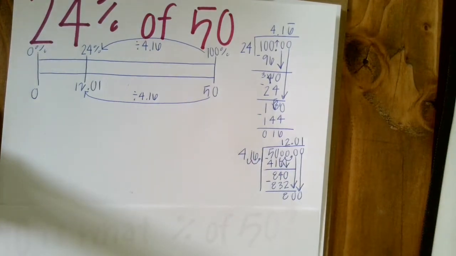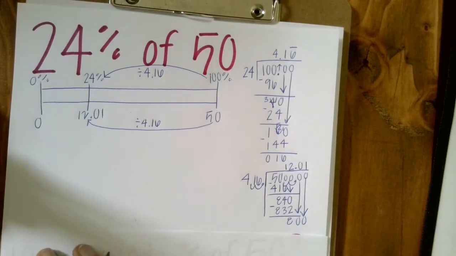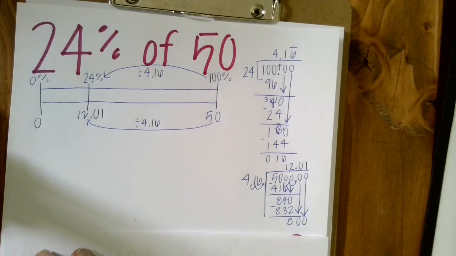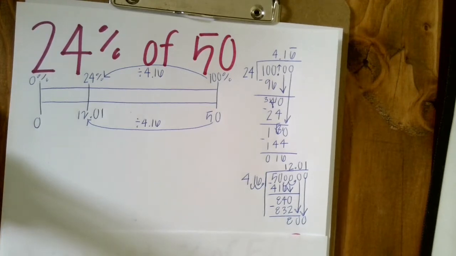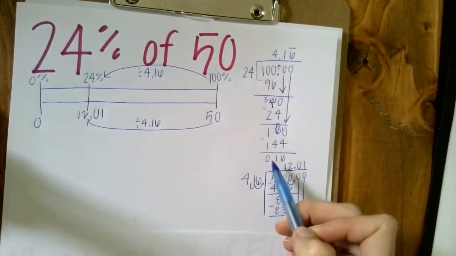Another way that you can do it, and this is the way that I do any percentage that is not easy to get to from 100. For example, 25% is easy to get to, 50% is easy to get to. I can easily find 10%, I can easily find 1%. 24%, however, I had to do all of this work to get to it.